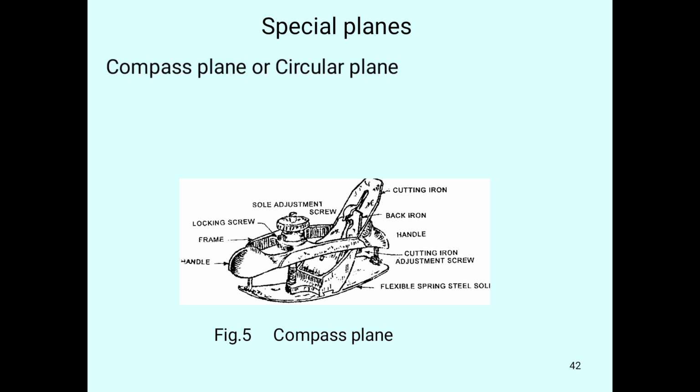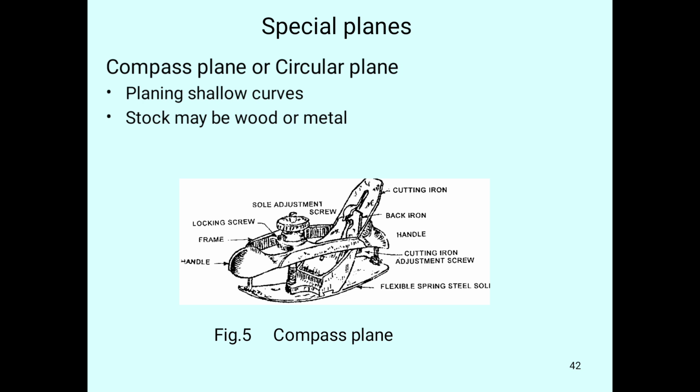We can also call it a circular plane. It is used for planing shallow curves. Whatever shallow curves are prepared on the wooden workpiece, that planing operation is performed by using a special plane called the compass plane. The stock of the compass plane is made of either wood or metal.